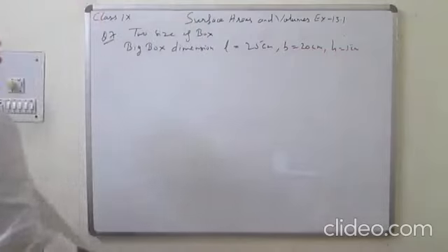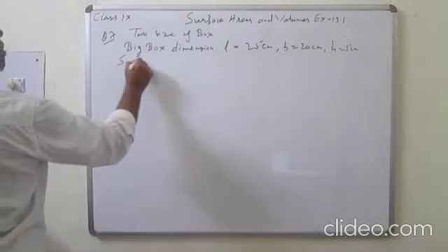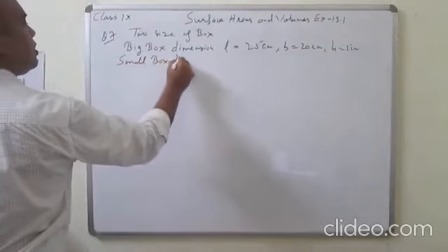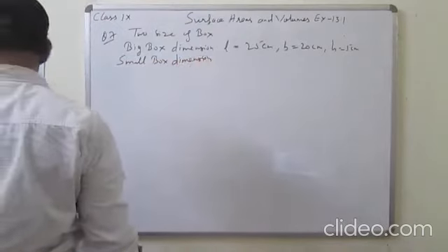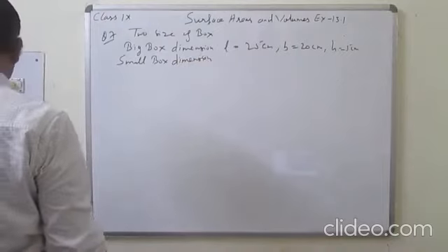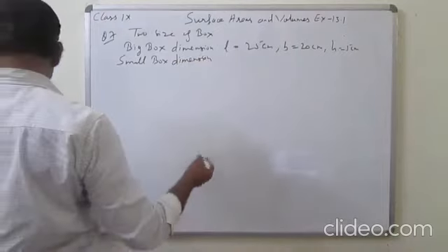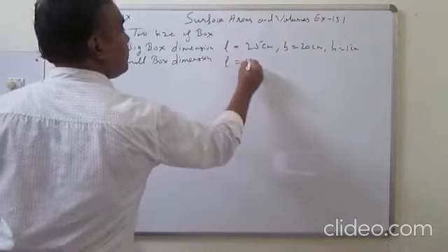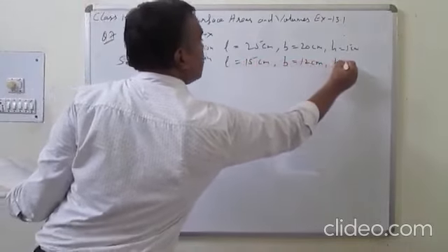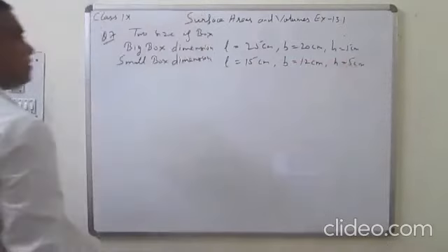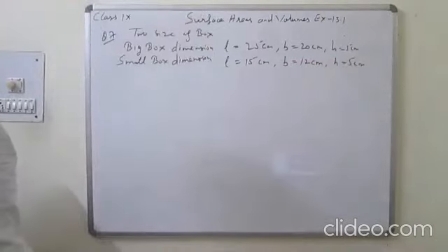This is the bigger box dimension, and the small box dimension is 15, 12, 5. Length is 15, breadth is 12 and height is 5 centimeter. These are the 2 dimensions of boxes.